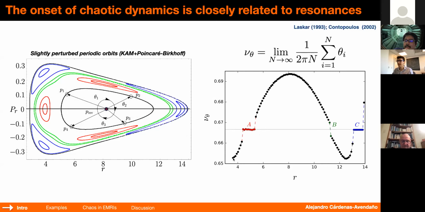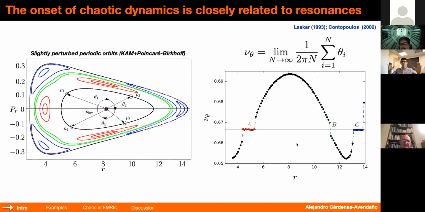So what you see is, if your system is integrable, as is Kerr, you will always find that this rotation number will be monotonically increasing or decreasing, and nothing is happening. But as soon as you arrive at a chaotic region, you will find a plateau. Or, if your system is slightly perturbed, you find an abrupt change in this rotation number.